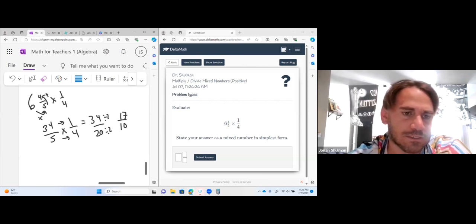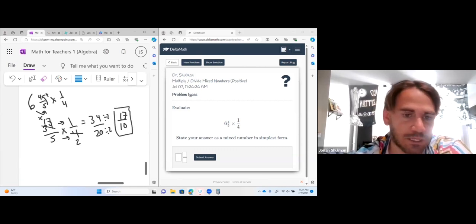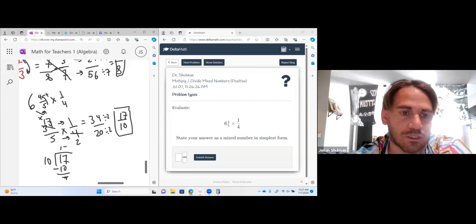Now we could cross these out right away, make that a 2, and make that 17, and you see it's 17 over 10. But that's not how they want the answer. So what do we have to do? We have to divide this. This goes into 1 time, and what's left over? 1 and 7/10 is your answer.